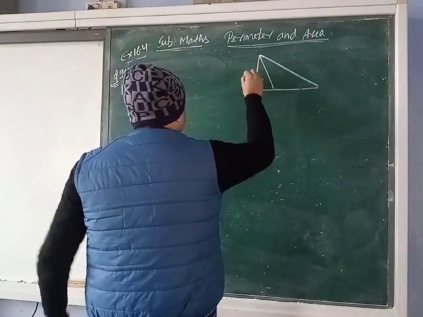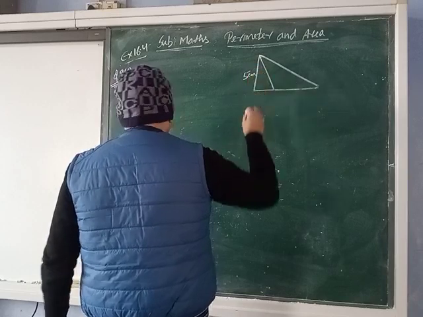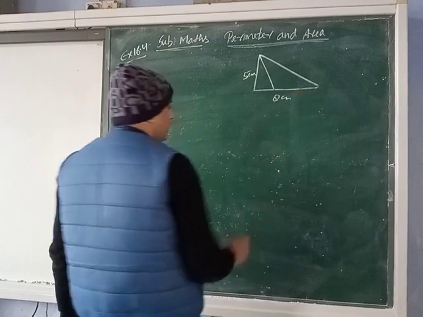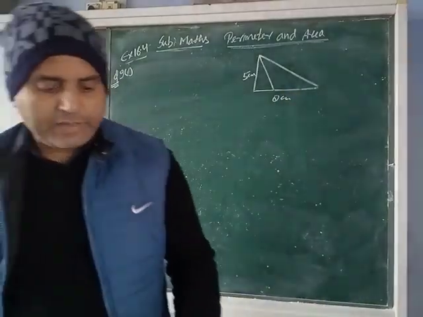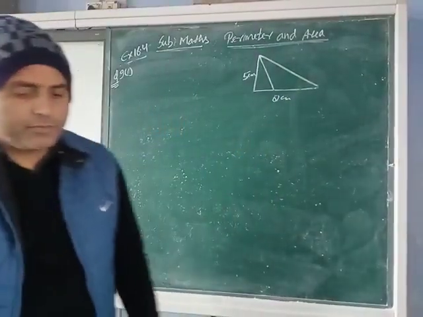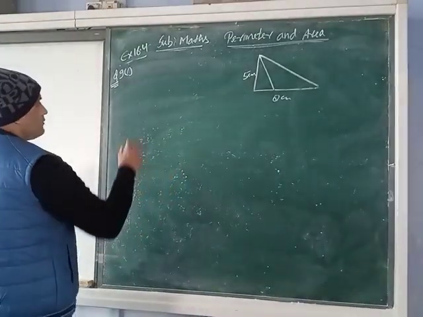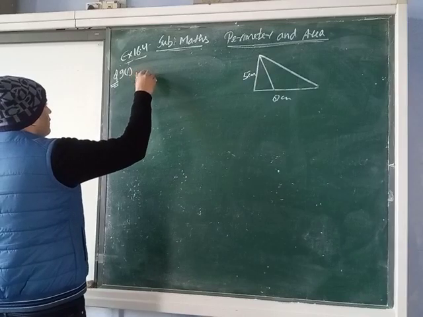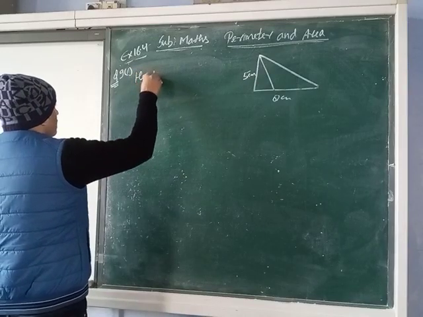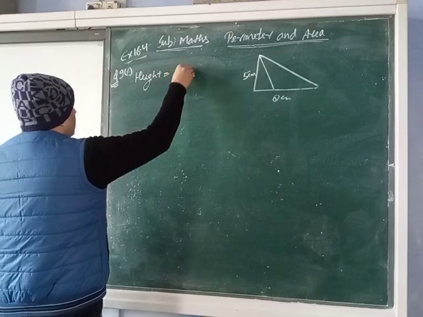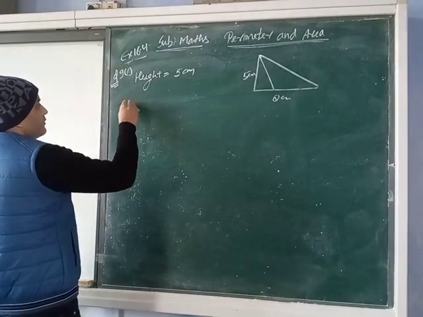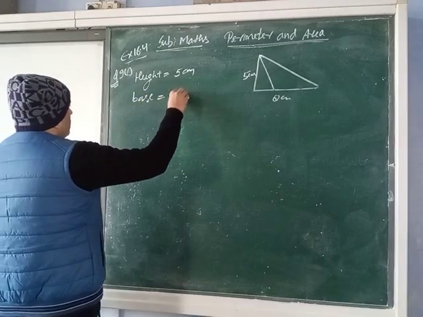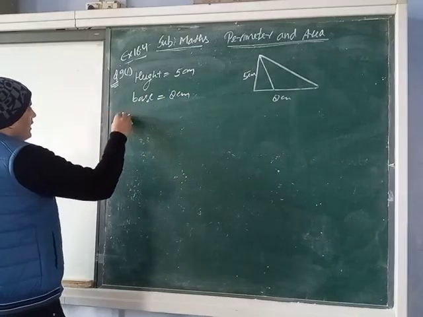See, 5 centimeter and 8 centimeter. Okay. Now we have to find what is the area of triangle, in which, see, height is 5 centimeter and base 8 centimeter. What is the area of triangle?